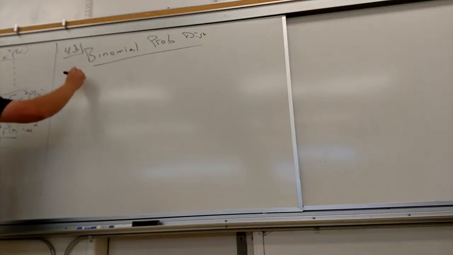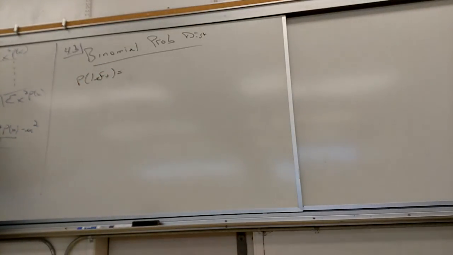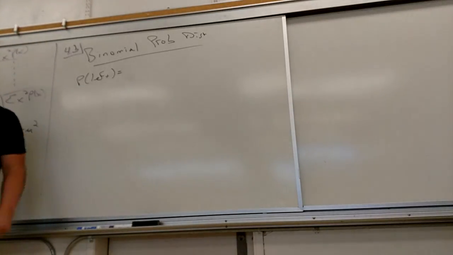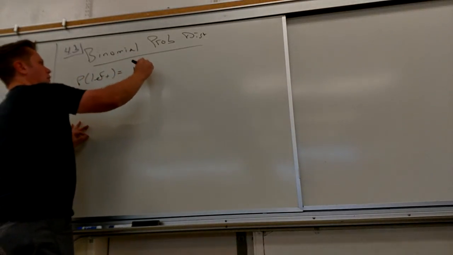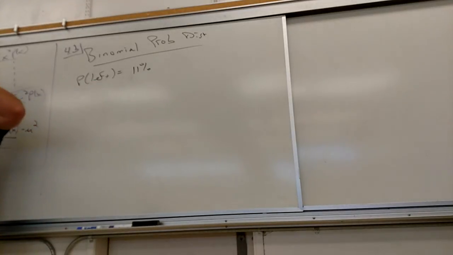So let's say that we know the probability of a left-handed person, and again, the last time I checked, it was still 11%. Roughly 11% of the population of the States is left-handed. Remind me again, who in here is left-handed? Okay. So instead of writing probability of left, because the only other possibility is that you're not left, is that cool?